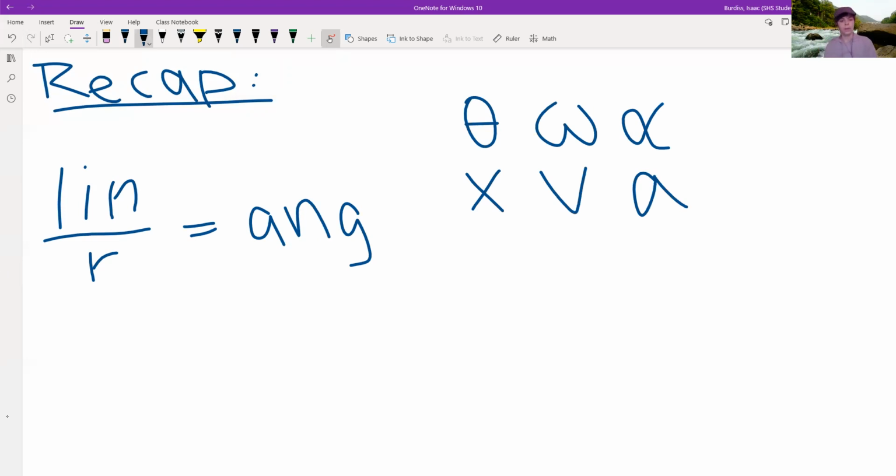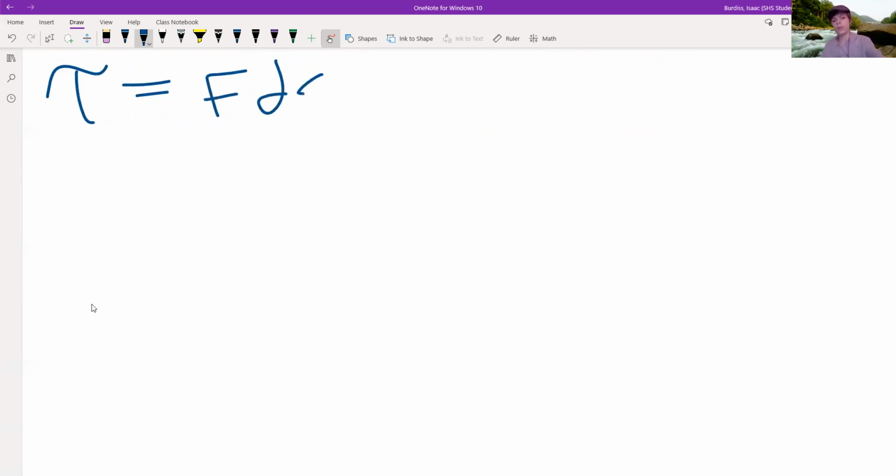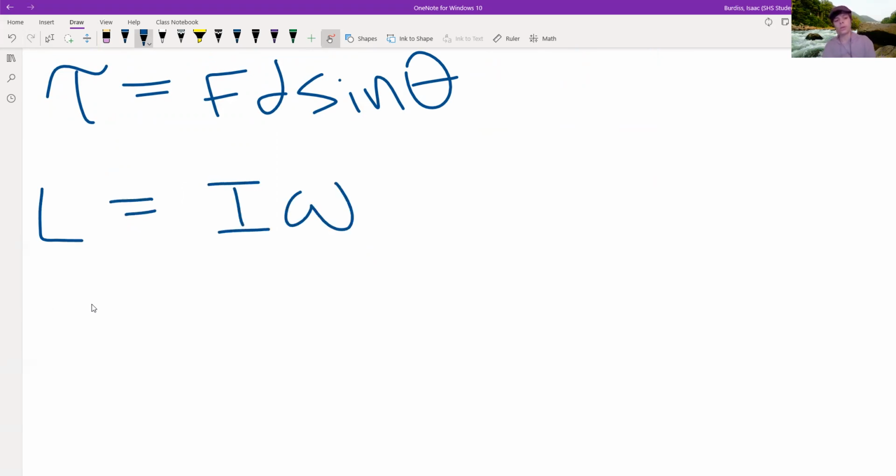Okay. Then you need to remember torque equals force times distance times sine of the angle. You need to remember angular momentum equals moment of inertia times angular velocity, and change in angular momentum is torque times time.